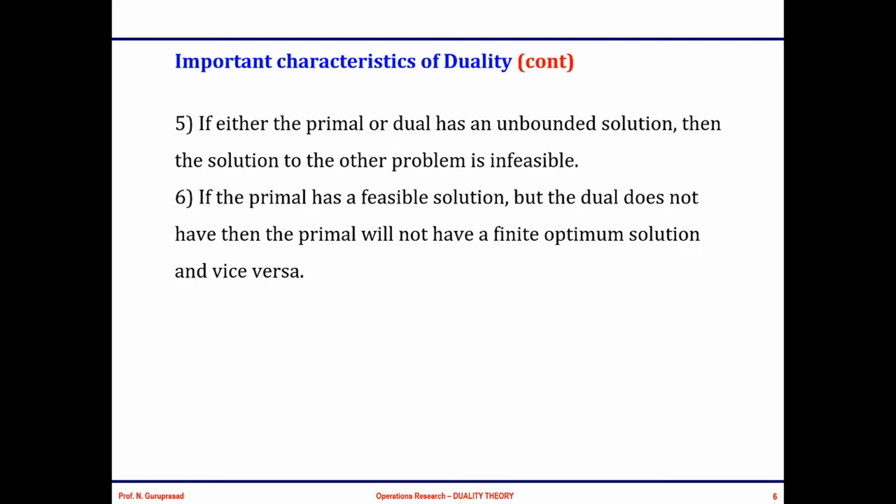Let us move into the last two characteristics. The fifth one is that if either the primal or dual has an unbounded solution, then the solution to the other problem is infeasible. And the last, if the primal has a feasible solution but the dual does not, then the primal will not have a finite optimal solution and vice versa.